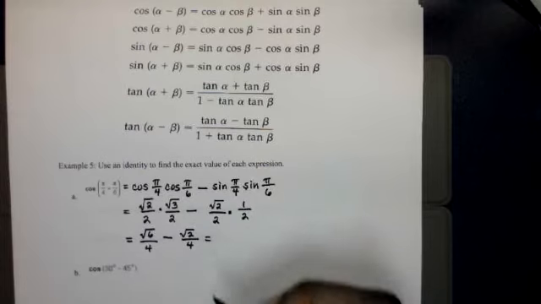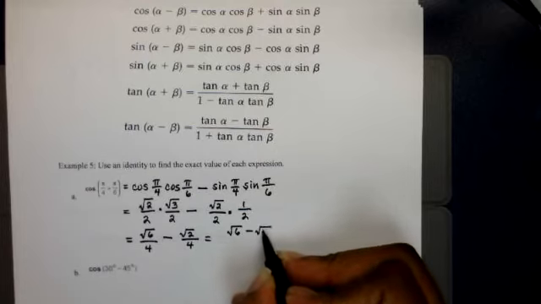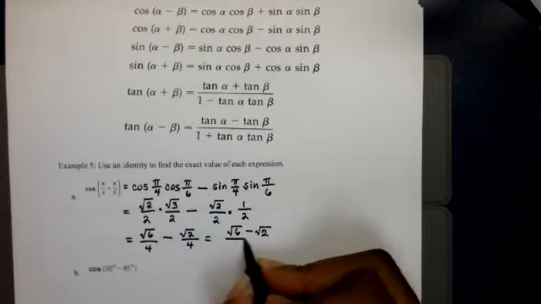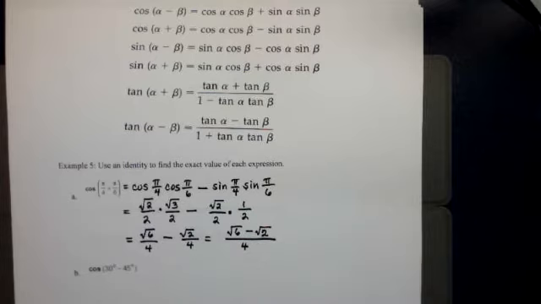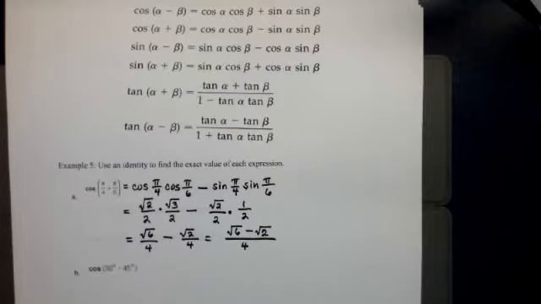And since the denominators are the same, I can write that as the square root of 6 minus the square root of 2, all divided by 4. And that would be as far as I can go with that problem because I can't combine these two here. Just have to leave it as is. All right, so that's part A.